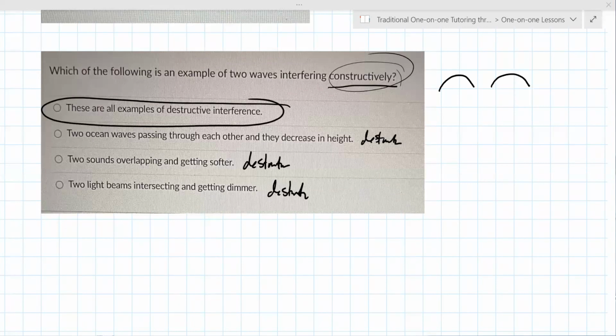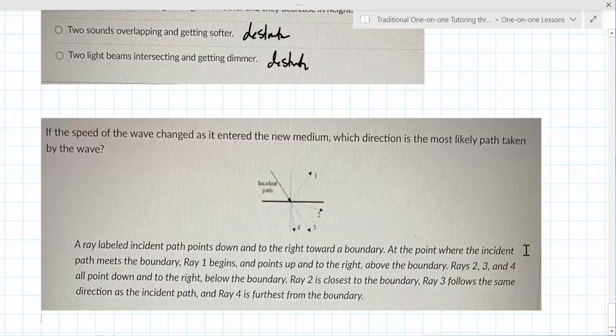Okay, let me grab the next question. If the speed of the wave changed as it entered a new medium, which direction is the most likely path taken by the wave? So notice it's saying, hey, it went straight here. Here's where it started. And if it were the same speed, it would go like that, like if it just perfectly passed through without any changes.